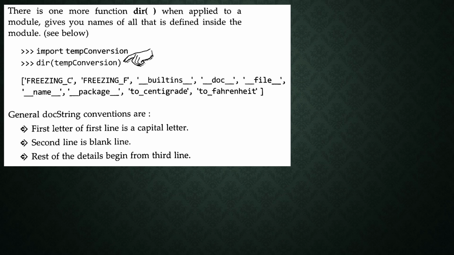And files, what are the files used? Name, it may be top level statements, packages. That means sometimes we can make use of built-in functions, so those will be displayed. And the user defined functions, 2 centigrade and 2 Fahrenheit, those two functions are also displayed.